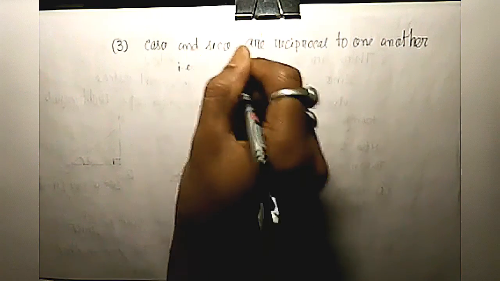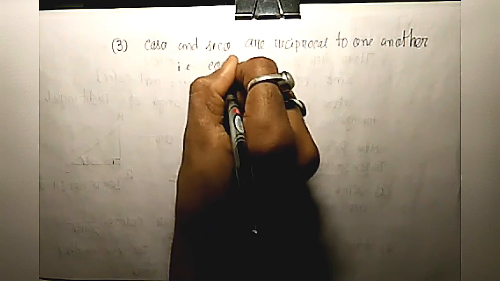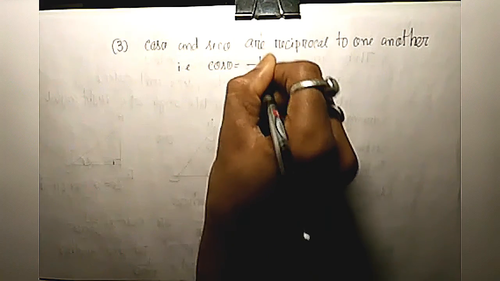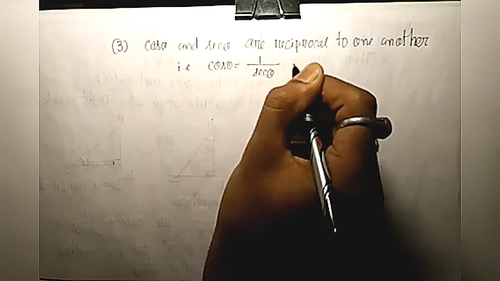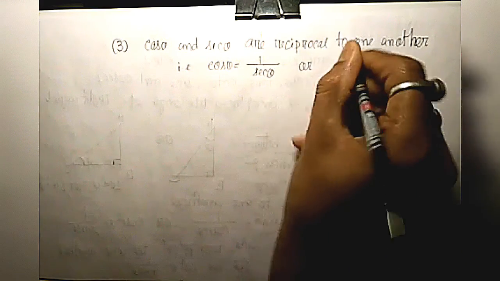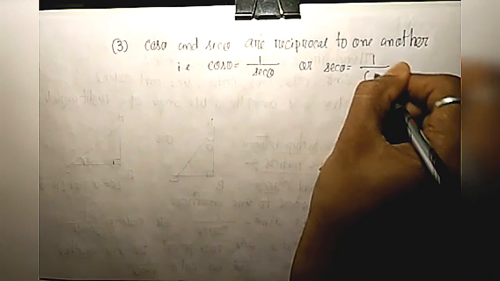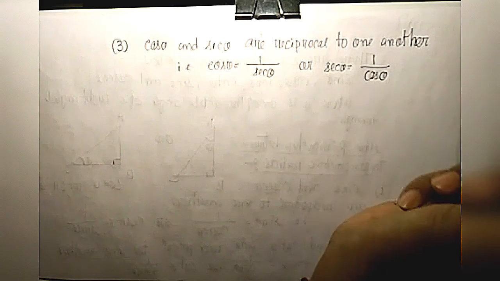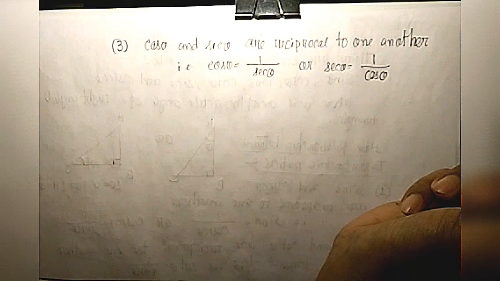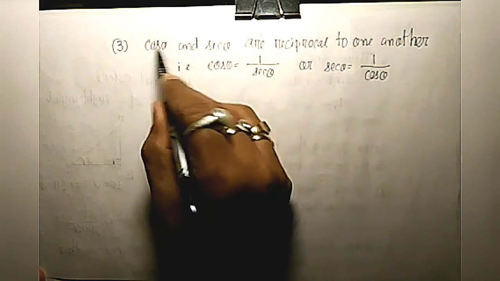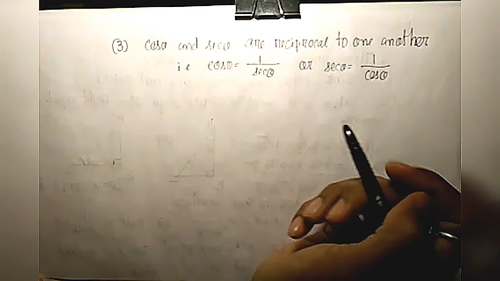So that is cos theta equal to 1 by sec theta, or you can write sec theta is equal to 1 by cos theta. So cos and sec are reciprocal to one another.